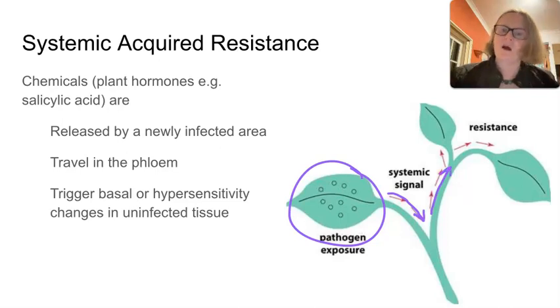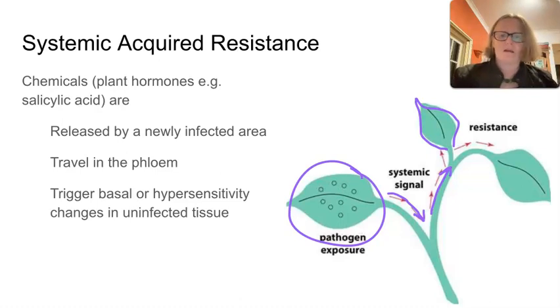The uninfected areas, like this nice green leaf here, actually fortify themselves. They'll do a basal response or a hypersensitivity response. Maybe they'll load up the leaf with extra toxic chemicals so that should the pathogen spread to the other side of the plant, that leaf is already prepared and less likely to be attacked, which is really cool.